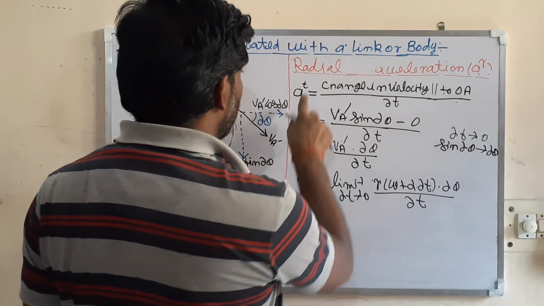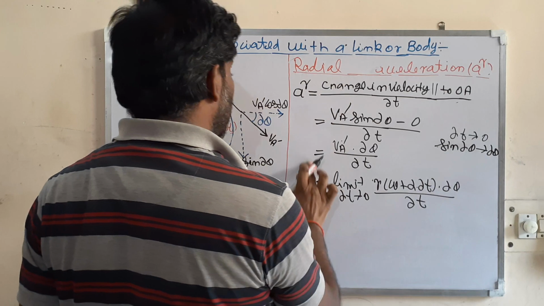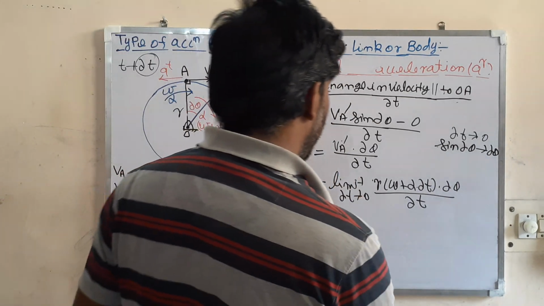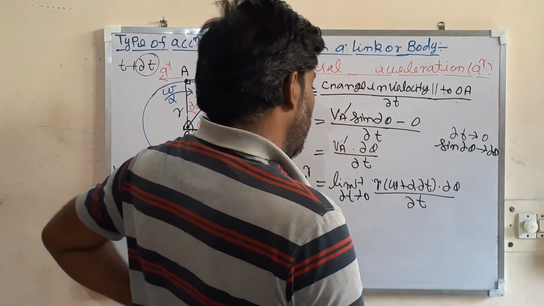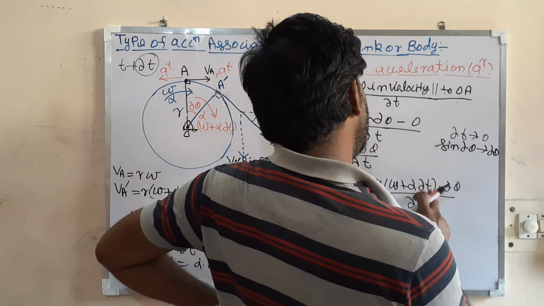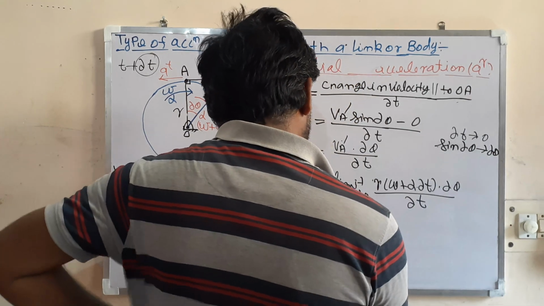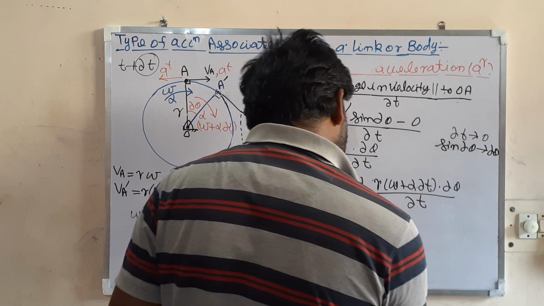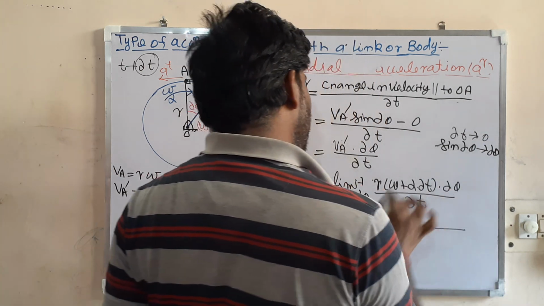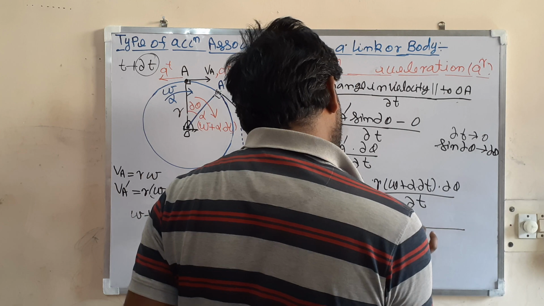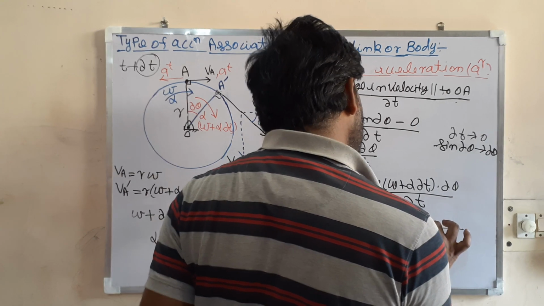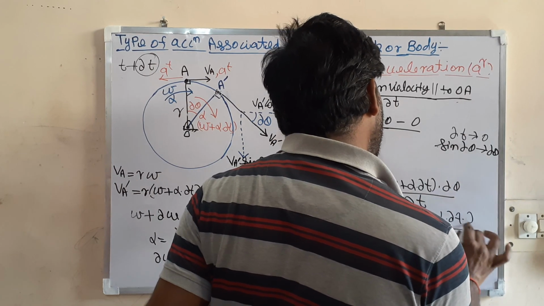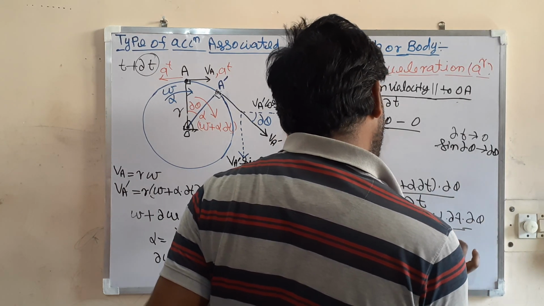Sorry, this is not AT, this is the radial acceleration. So limit del t tending to 0 of (R omega plus alpha del t) del theta divided by del t. Let us multiply: I get R omega into del theta plus R into alpha into del t into del theta, divided by del t.